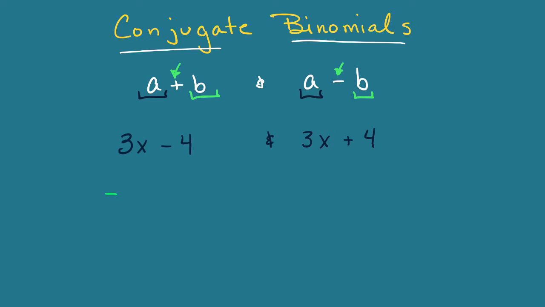And so they all look like this. We'd have a negative 7x plus 2y squared, and then the conjugate binomial would be 7x minus 2y squared. Again, they just differ in that sign in between the two terms. And when we multiply conjugate binomials, we're going to see something interesting happen.